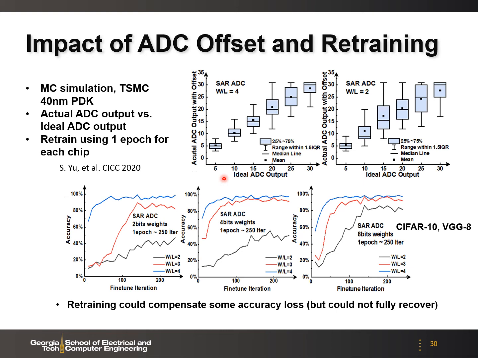Then we can perform the backpropagation to fine-tune the weights, so we can adapt the weights to each chip's variation. Here we show the effectiveness of this approach by one epoch of retraining, and we see that the accuracy can be significantly recovered, but still cannot approach the software baseline.